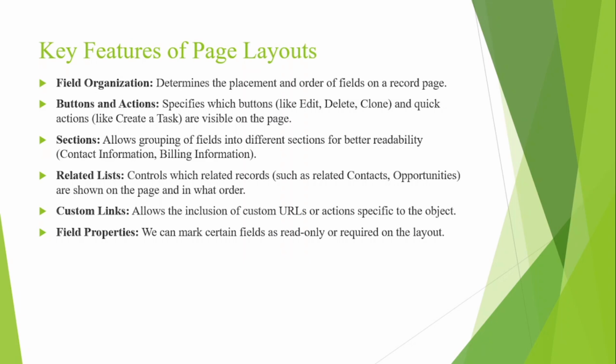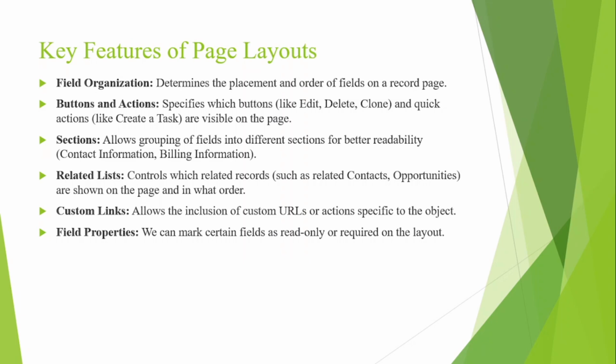Buttons and actions specify which buttons, like there are different types of buttons like edit, delete, clone. So how these buttons are going to display, and quick actions like create a task, or so many types of actions, and how they are going to be visible on the page.